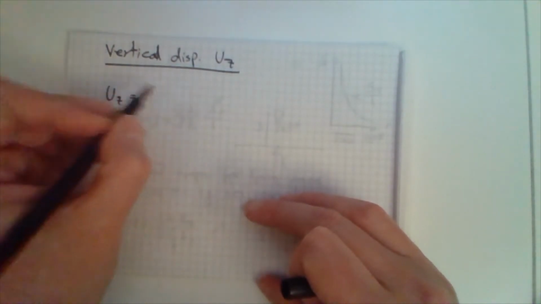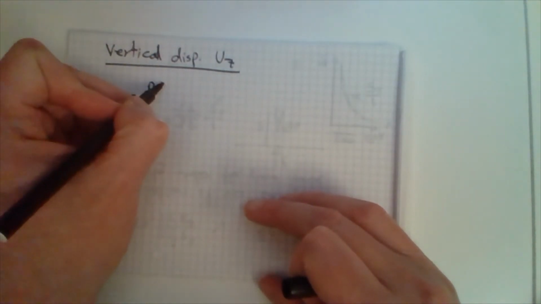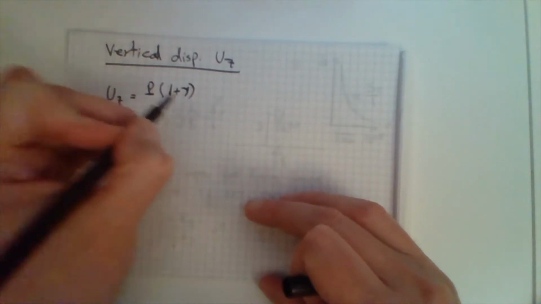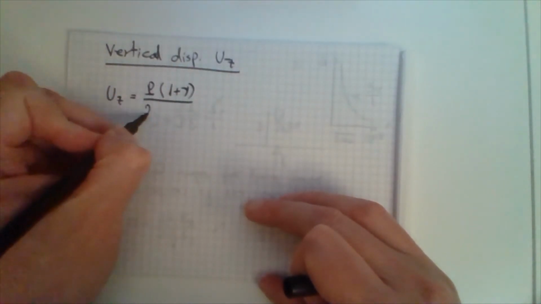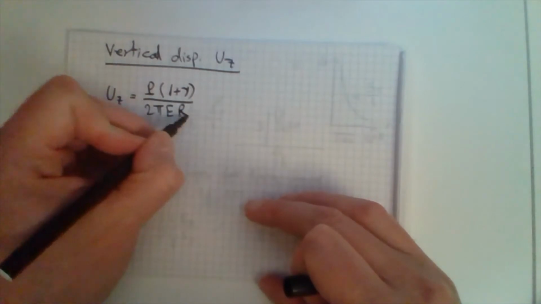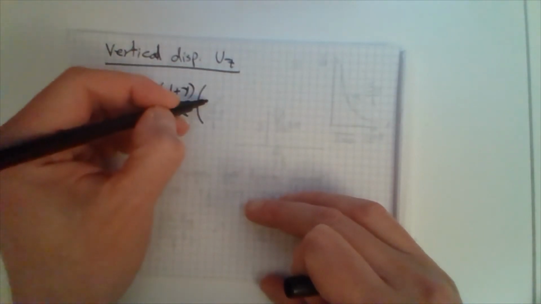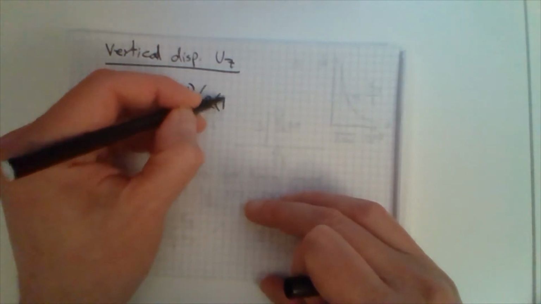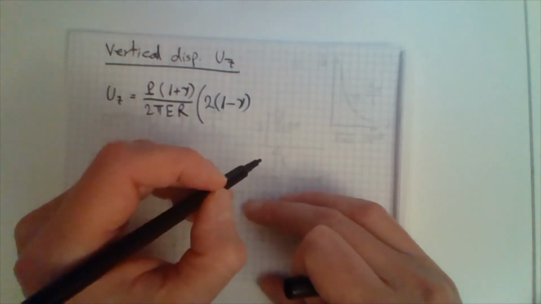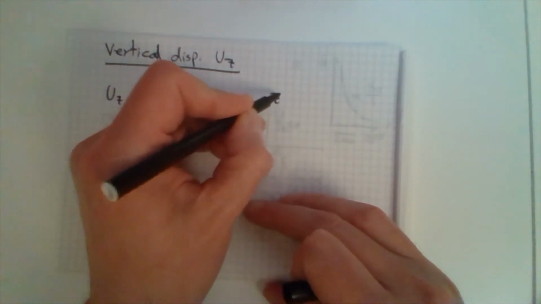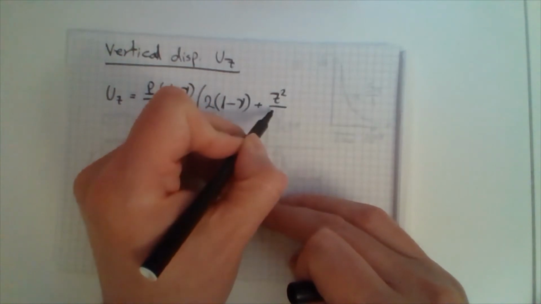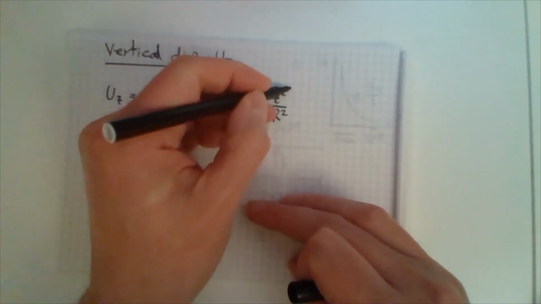That is uz is P, capital P, times 1 plus Poisson's ratio divided by 2 times pi times E times capital R, and then we have in parentheses 2 times 1 minus Poisson's ratio, plus z squared divided by R squared.